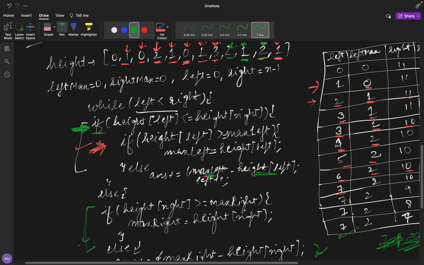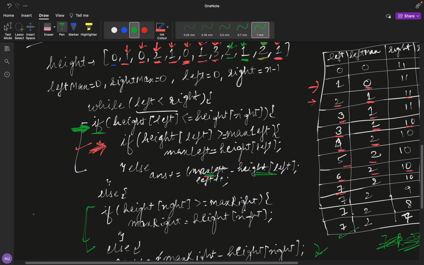And whenever we switch to the else, it works the same: whenever we try to store the water at the right, it means that we are assuming that we have taller buildings in the left portion. Fair enough. Because if taller buildings exist on the left side, then only we can store the water.